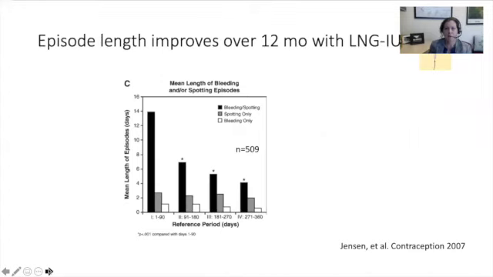Not only is there continued improvement with total number of bleeding and spotting days over the IUS use, there is also continued improvement in episode length progressively. Next slide.